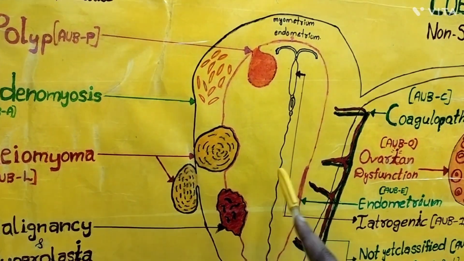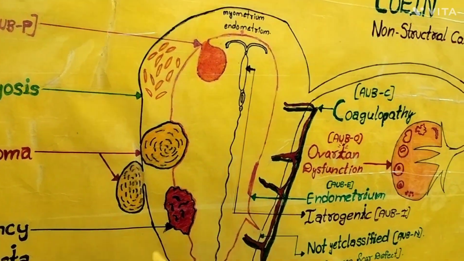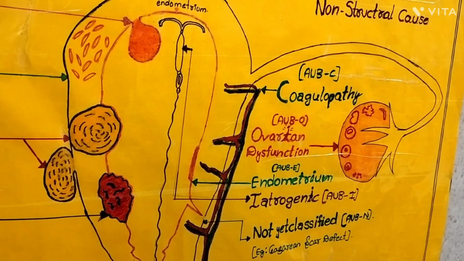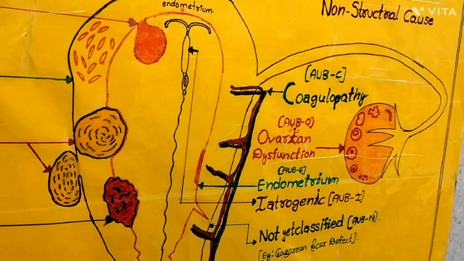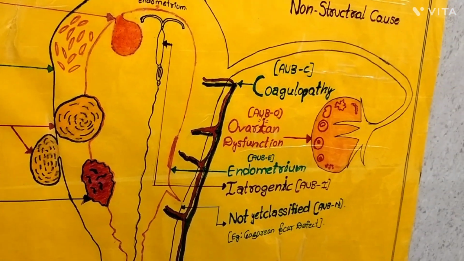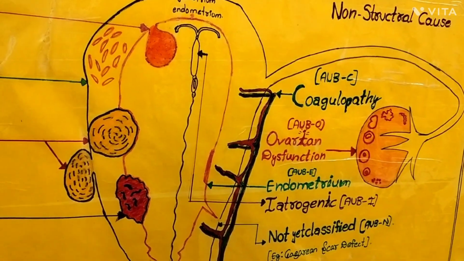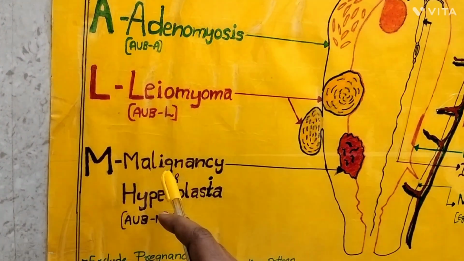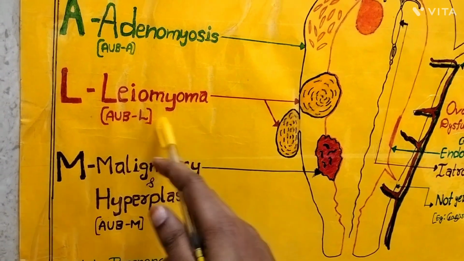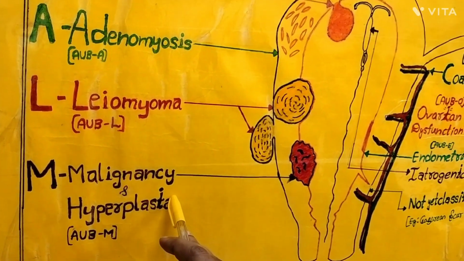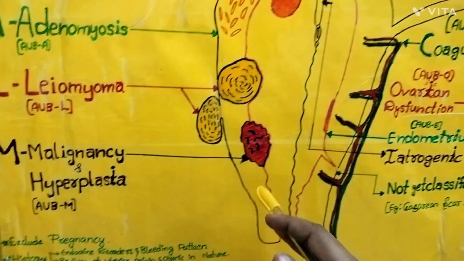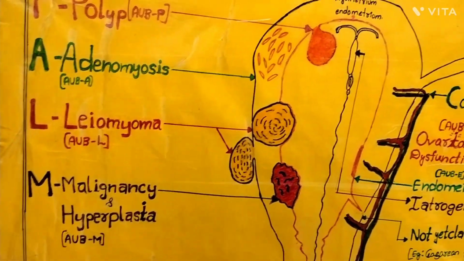If it is without atypia, then you don't have to be worried. It will be treated either with medicines or we can go for surgical management. If it is with atypia, then we have to think of malignancy, so we should be a little careful. At that time we have to go for total abdominal hysterectomy with bilateral salpingo-oophorectomy.